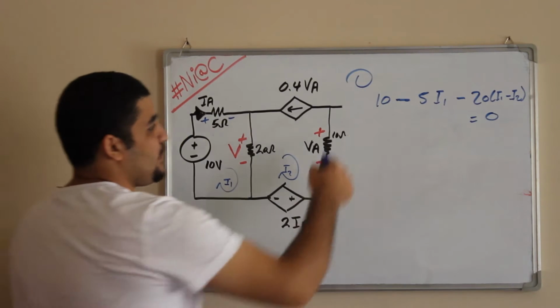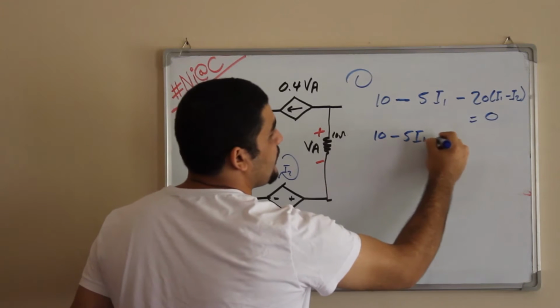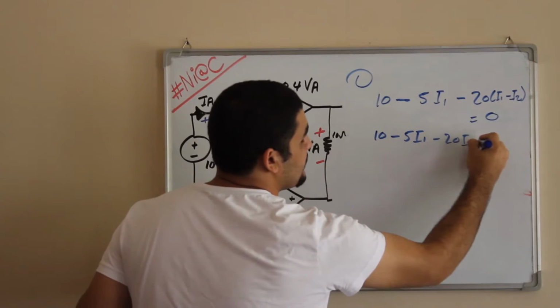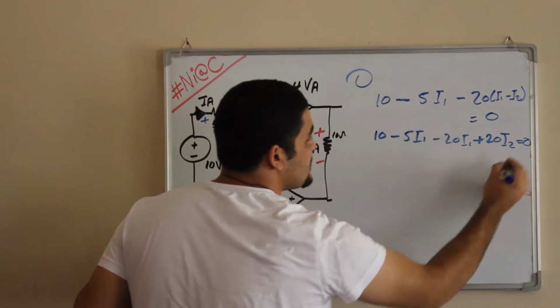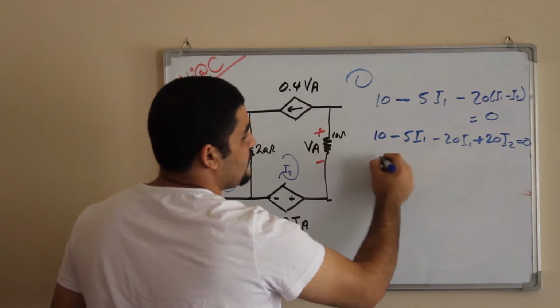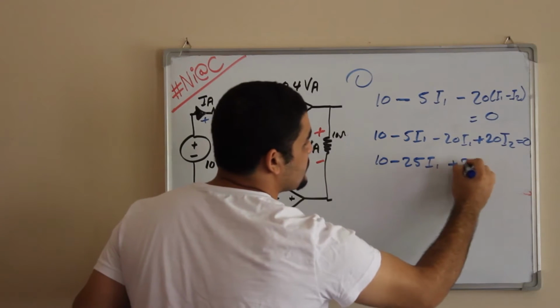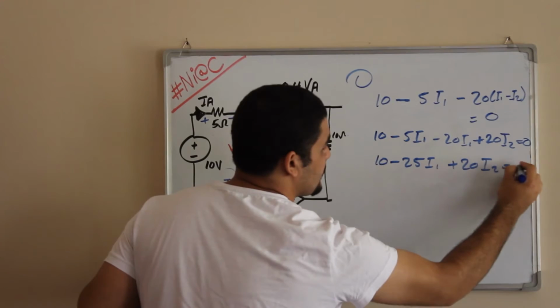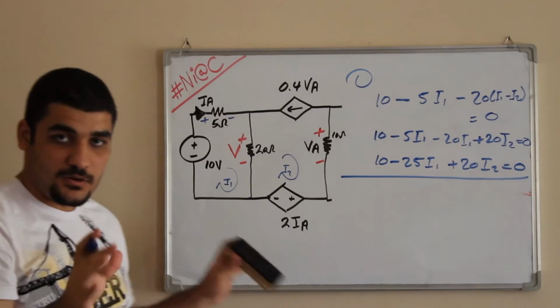Now simplify this equation: 10 minus 25 I1 plus 20 I2 is equal to 0. So this is the first equation, right?